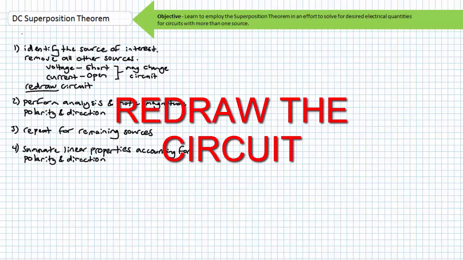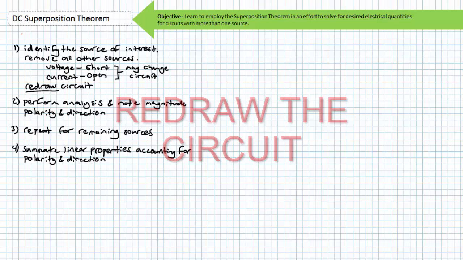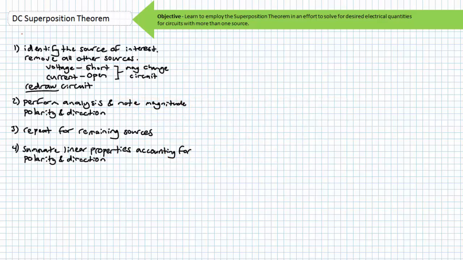Step 2. Perform series parallel circuit analysis of the as-analyzed circuit for the desired electrical properties. Take note of not only the magnitude, but also the polarity and direction of desired electrical properties. Step 3 has us repeat steps 1 and 2 for all sources.